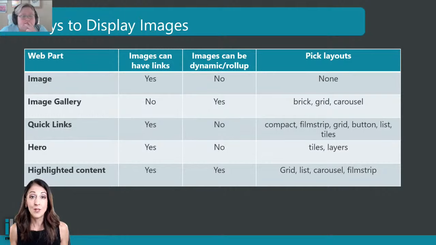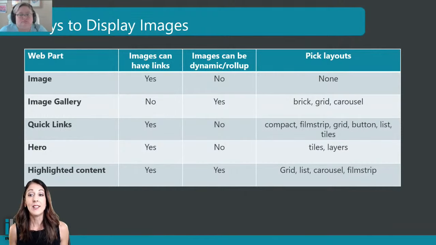And then we have highlighted content. And this one we also did a whole other power hour on, and I put a link to that in the little resources thing also. And that one, images can have links. The link is actually the link to the thing that you're displaying in the highlighted content web part.